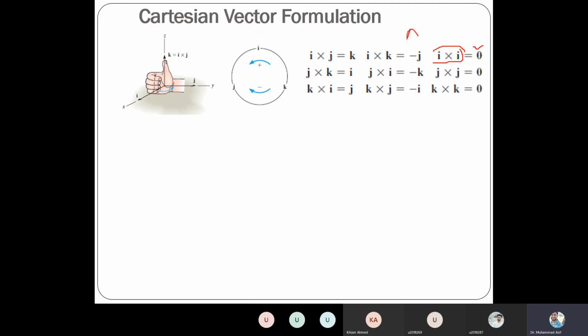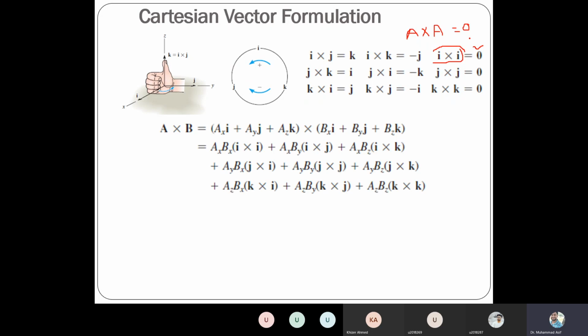If there is a vector A and you take A cross A, that will give you zero, because the cross product of parallel vectors is equal to zero. The magnitude of the cross product is AB sine theta, and sine zero is equal to zero. That's why the cross product of parallel or collinear vectors is equal to zero.